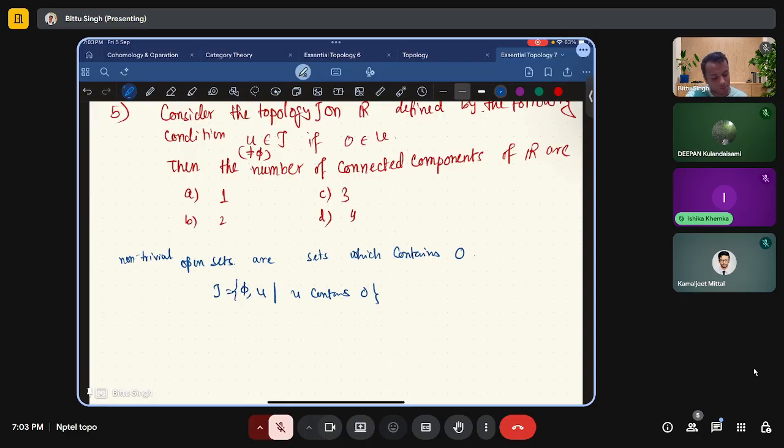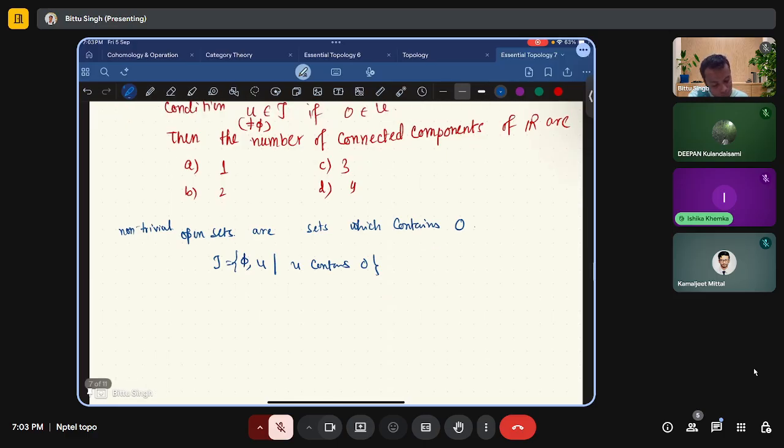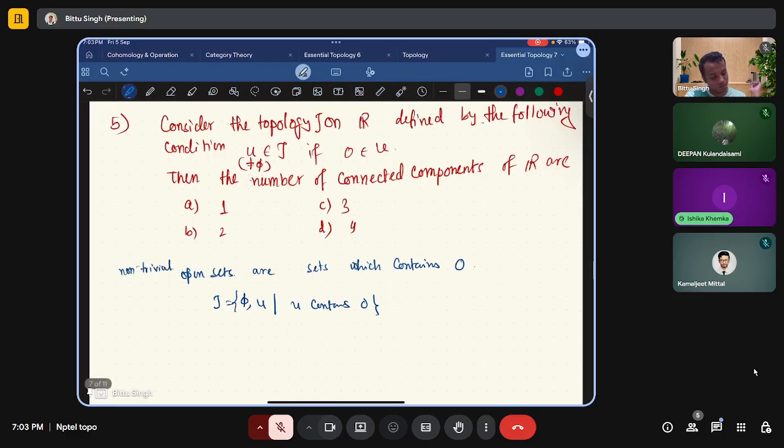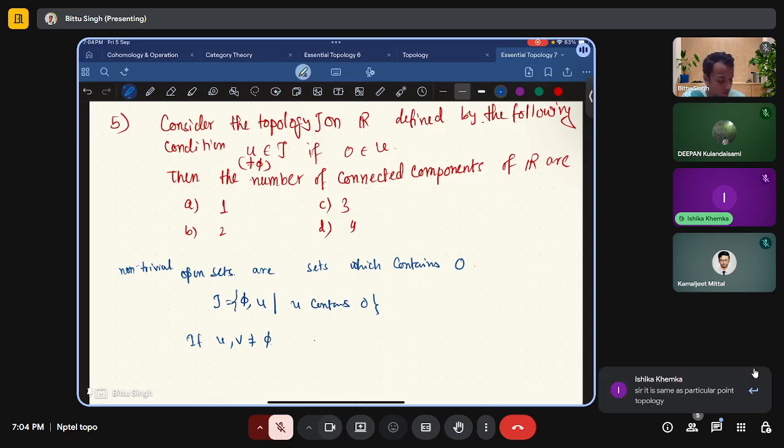So this is the topology. Now we need to see the number of connected components of R with respect to this topology. First let us see if tau is connected or not. Can you see anything about whether tau is connected? If U, V are non-empty sets, then by definition, this is exactly the particular point topology.